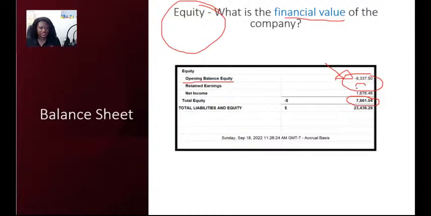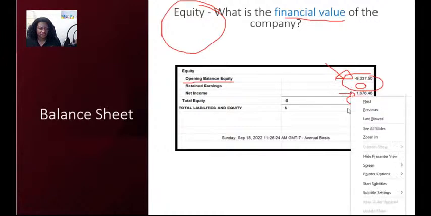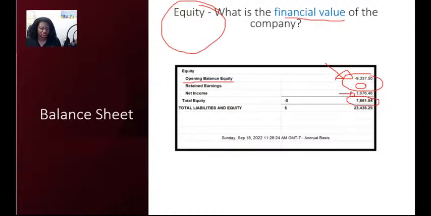And so let's see your retained earnings. Right now his retained earnings is 0 because this is his first year in business. But remember, we talked about retained earnings being your total of your net income from all of your prior years in business. Your net income is pretty much the current year's earning or loss. So for the current period, 1676 is the current net income.